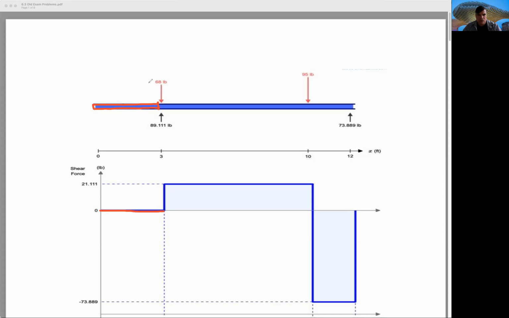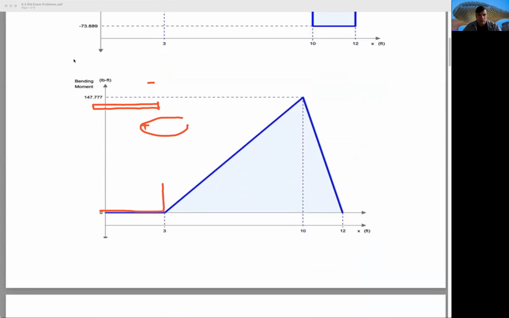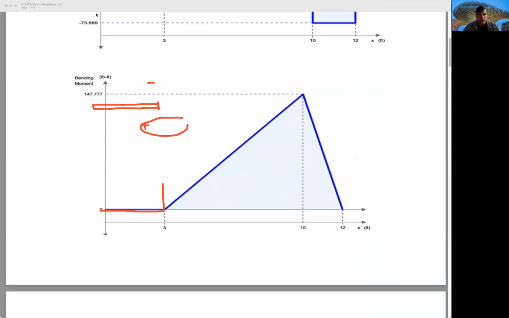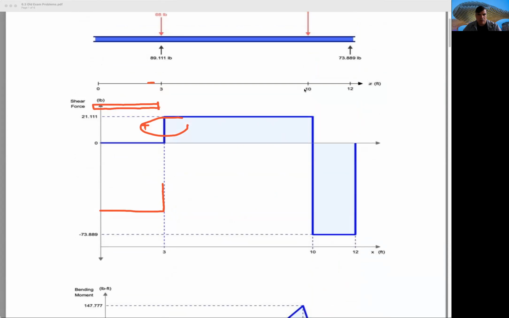And this first force will be minus 68 plus 89, that is 21.111 going up, because this number is bigger. The same will happen with the diagram of moment. You will have a straight line, and after that you start with an inclined line because you have a box.